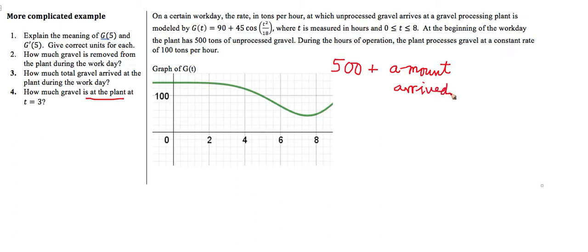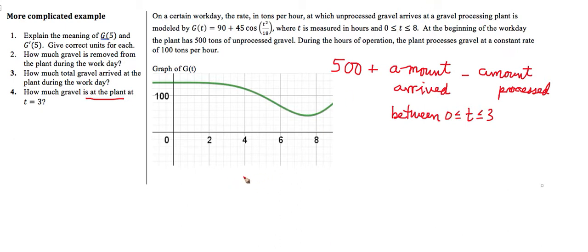And then we want to subtract the amount that was removed or processed. A lot of people forget this 500 here as the starting amount that we had. And this is all between t equals 0 and t equals 3.